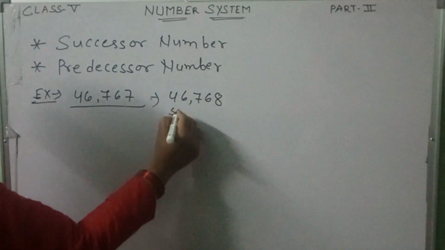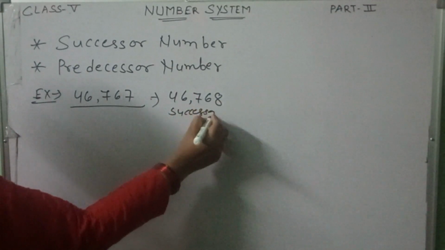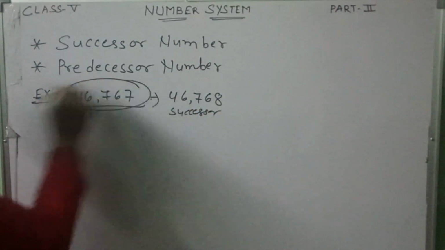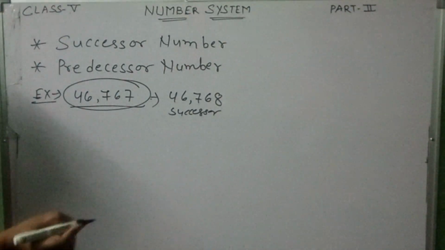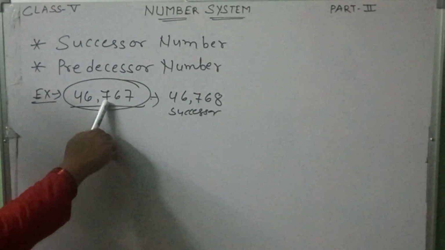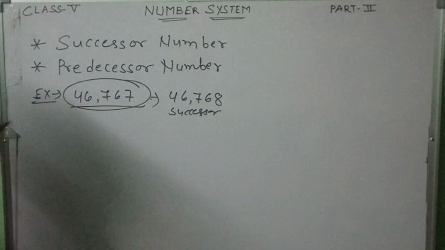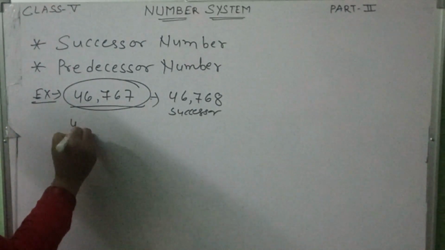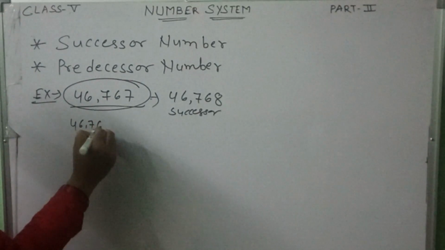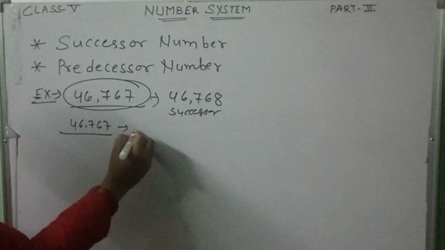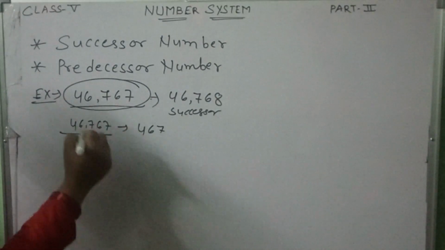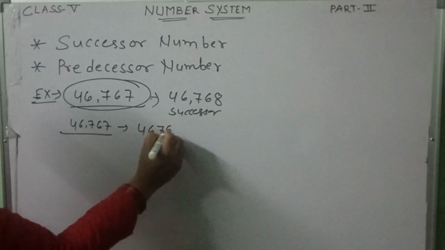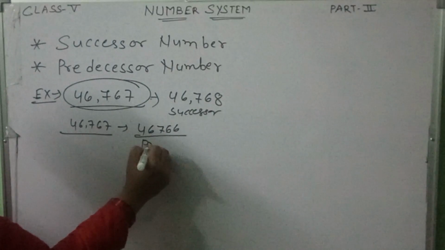This one is the successor of the given number 46,767. And what is the predecessor of 46,767? So just before number we have to write. Before 767, what will be the answer? 766. That is the predecessor of the given number.